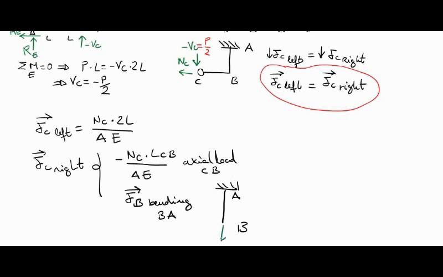I have to translate this vertical load P divided by 2, minus V sub C. Also I have to translate N sub C, and because of the translation of P divided by 2, I have a moment that is counterclockwise, P divided by 2 multiplied by L.